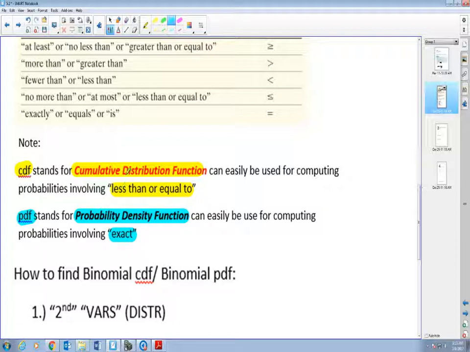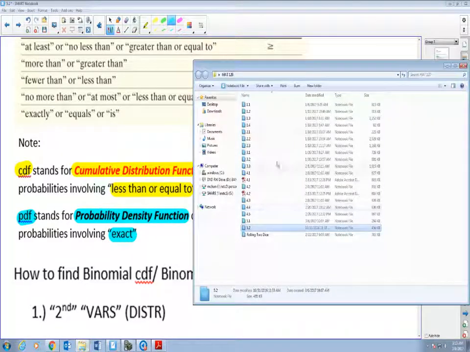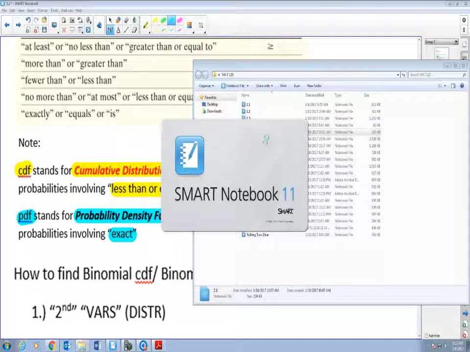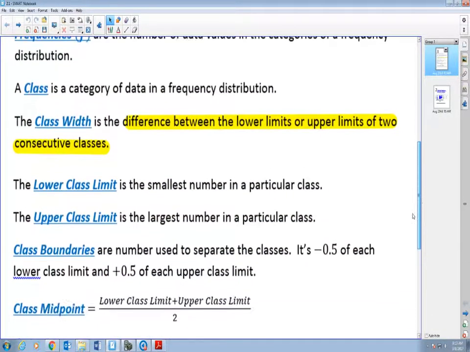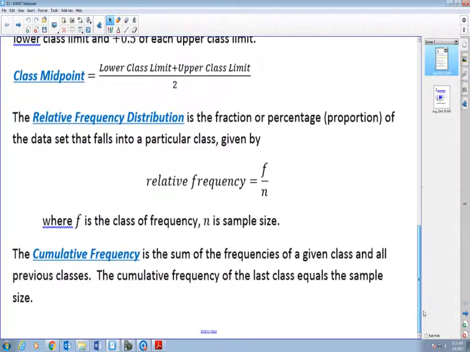The word cumulative, the last time we talked about this word is probably back in lecture video 2.1. As you can recall, the word cumulative is the sum of all the frequencies.